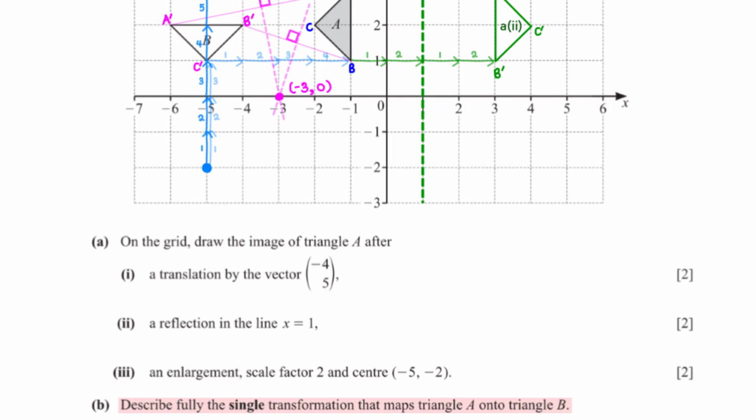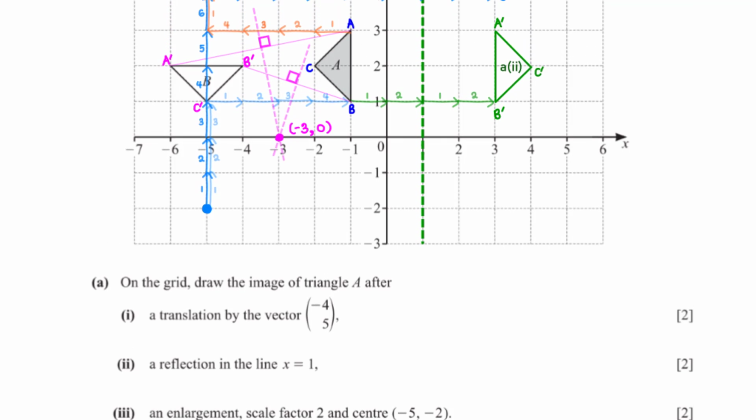Describe fully the single transformation that maps triangle A onto triangle B. When we look at triangles A and B, we can tell straight away that this is a rotation 90 degrees in the anti-clockwise direction. So now we need to identify the center of rotation. For a 90-degree rotation, the way to determine the center of rotation is this.